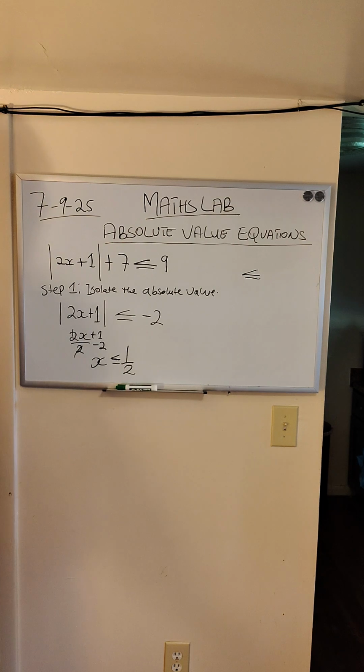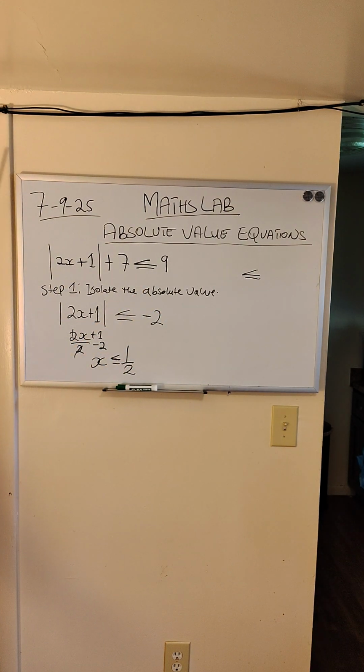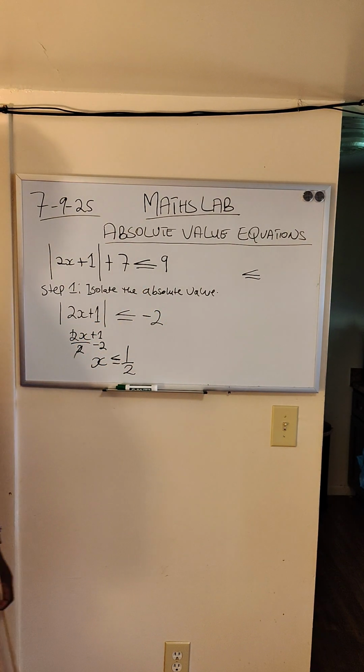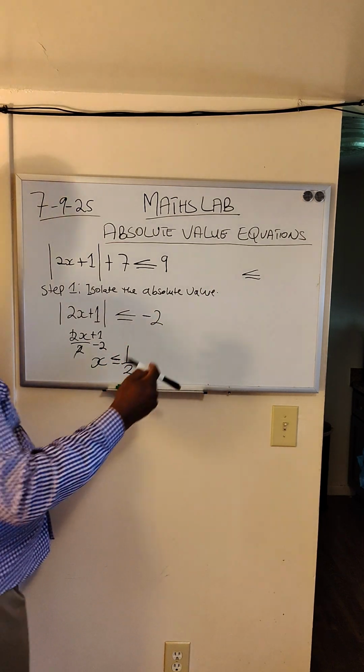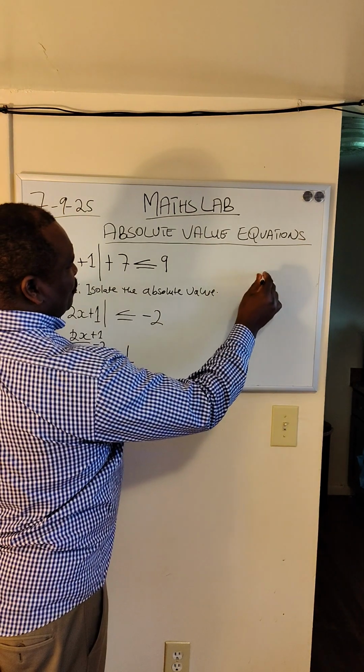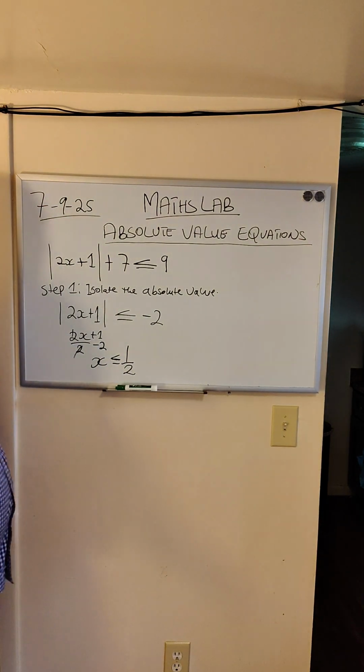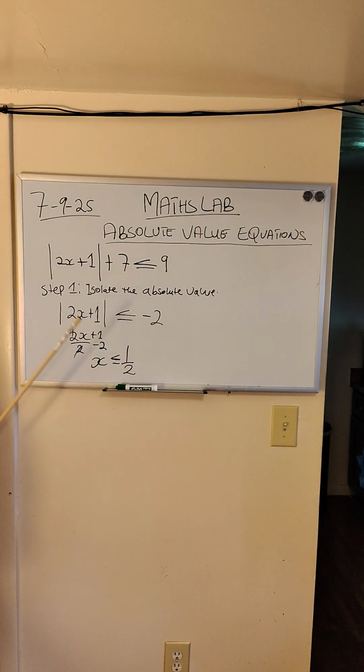So take note of the change of sign. This sign is different from the usual equal sign. So now we know the value of x in this absolute value equation.